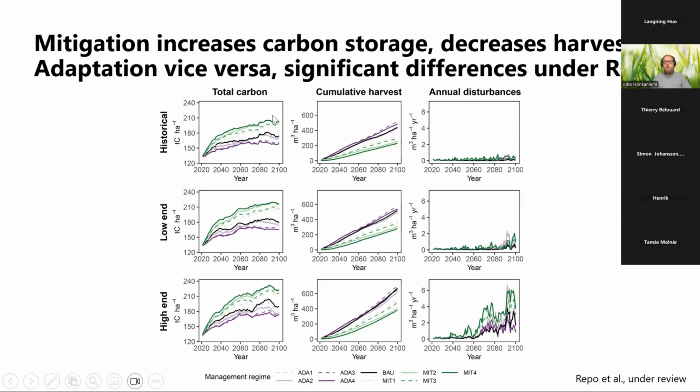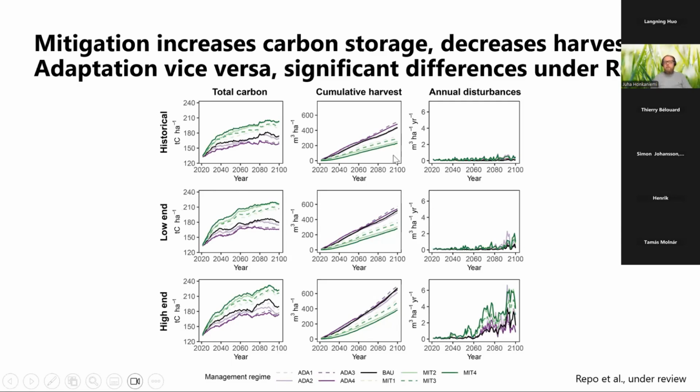Mitigation increases carbon storage, and the adaptation reduces the carbon storage compared to business as usual, due to longer rotation with mitigation, shorter rotation with adaptation. We see the patterns are the same between the different climate change scenarios.